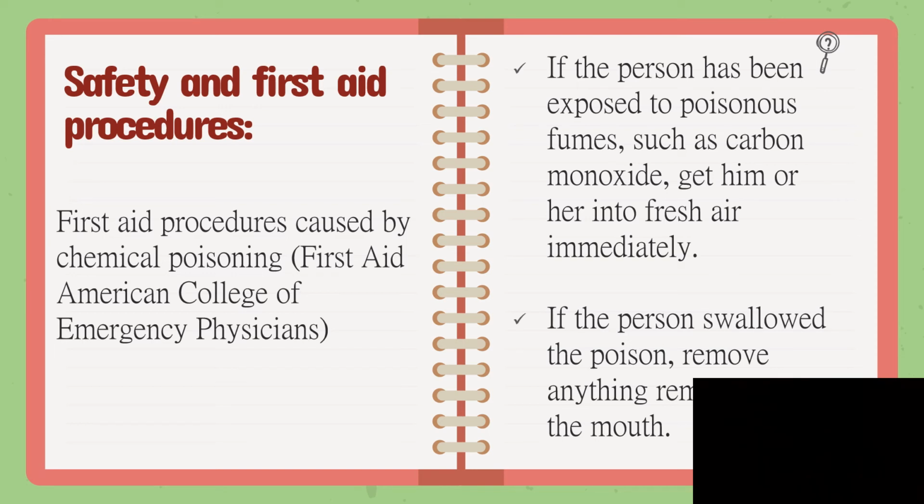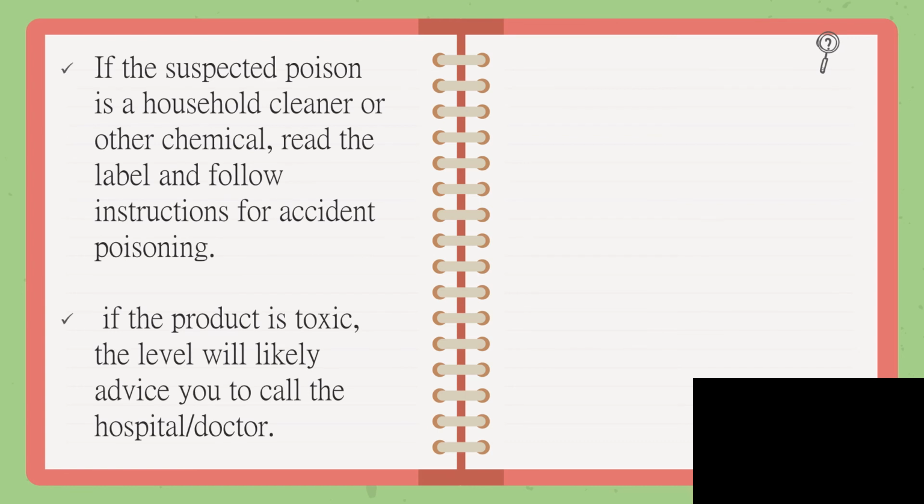And then number 3, if the suspected poison is a household cleaner or other chemical, read the label and follow instructions for accidental poisoning.